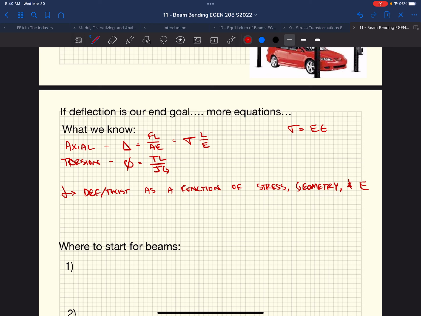Material properties. Well, beams follow the same principles. But our internal forces are more complicated.